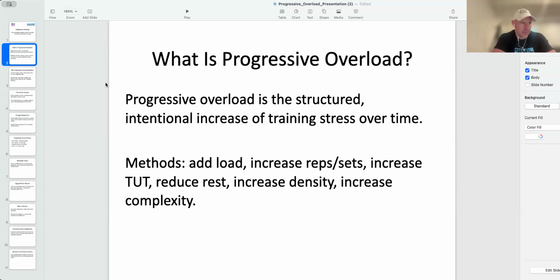Increase time under tension. Now, what this is going to mean, and you'll hear me refer to this quite often, because this is a big thing that a lot of people miss in their form when they're doing the range of motion or repetition. Keeping tension throughout the range of motion is very, very important.